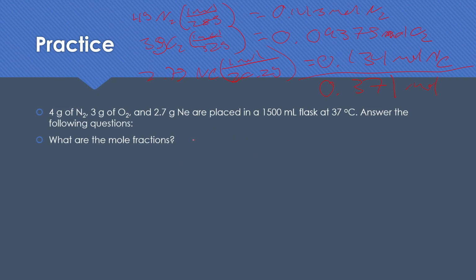So the mole fraction of N2 is going to be 0.143 over 0.371, or 0.385. Mole fraction of O2 is going to be 0.09375 over 0.371, or 0.253.